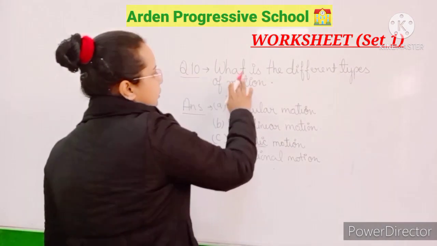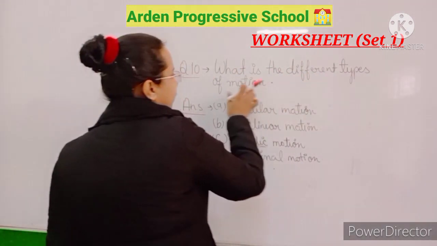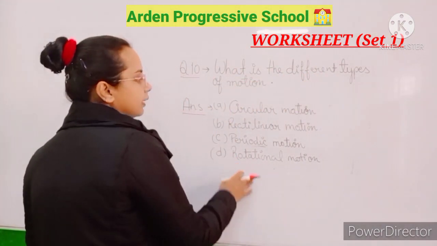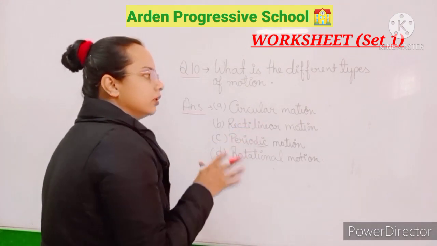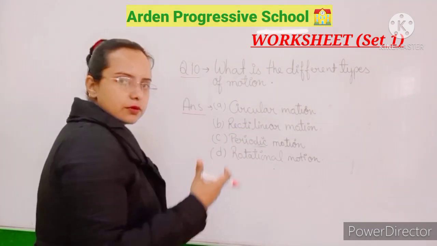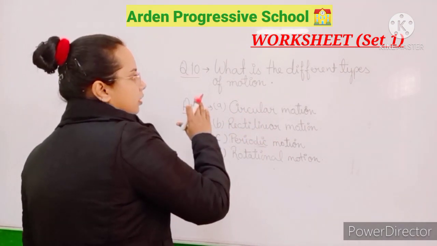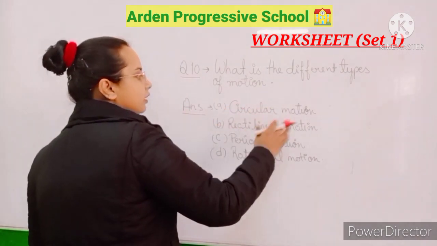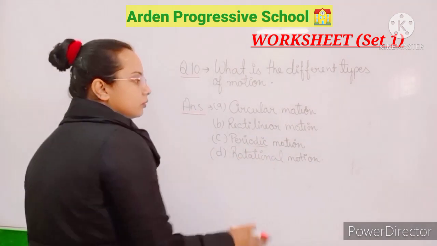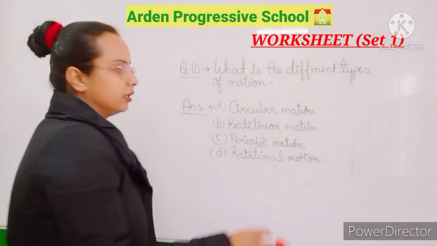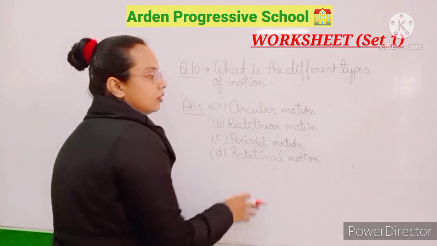Question number 10 is: what are the different types of motion? In this you have to write only the names of the different types of motion. If the question says explain the different types of motion, then you have to explain all 4 types.